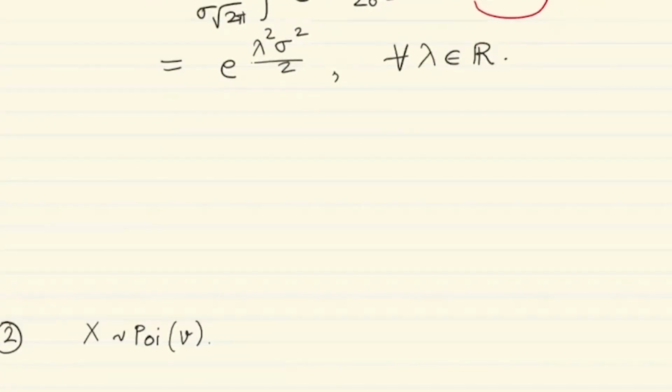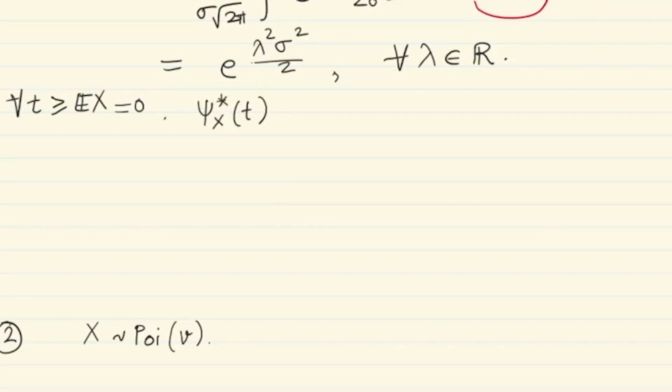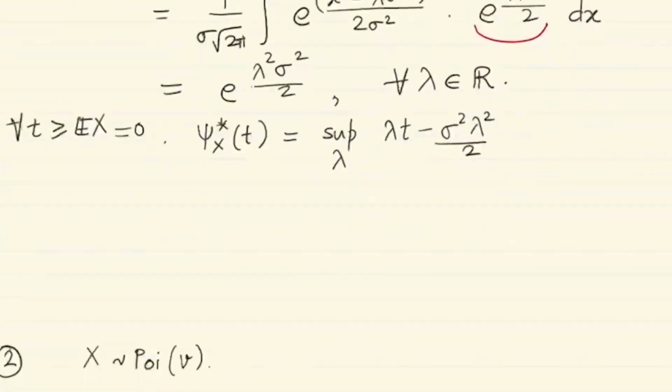So let's assume that there is t which is larger than the expected value of x, which is 0. For all such t, we can compute Cx star of t as the supremum, the unconstrained maximum over all lambda of lambda t minus sigma square lambda square by 2, which is Cx of lambda.